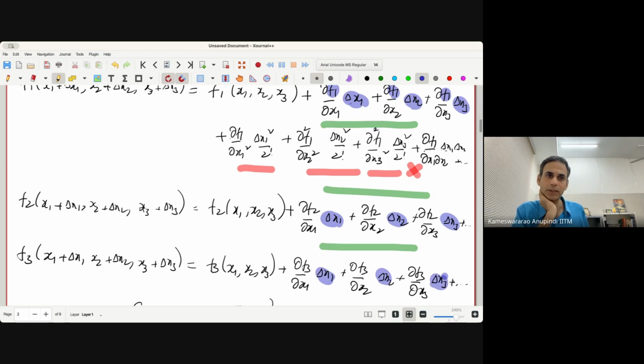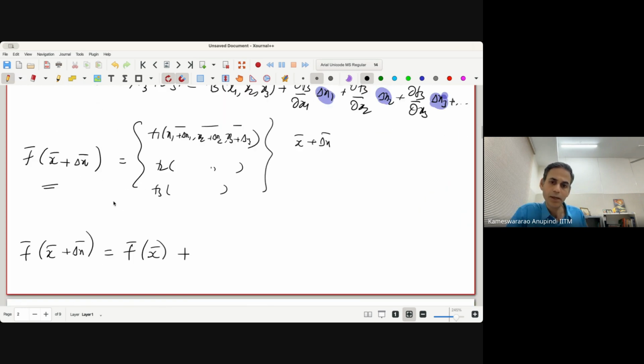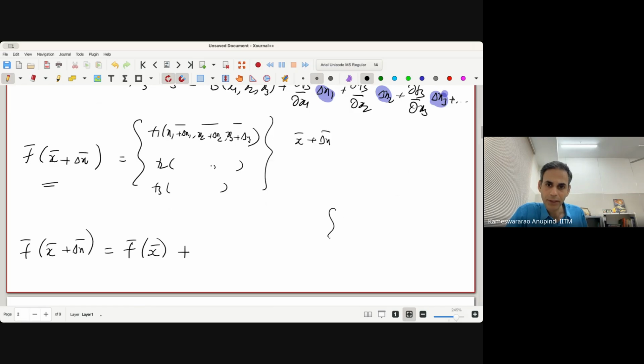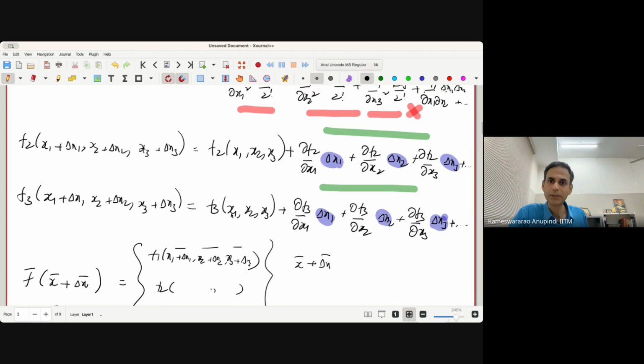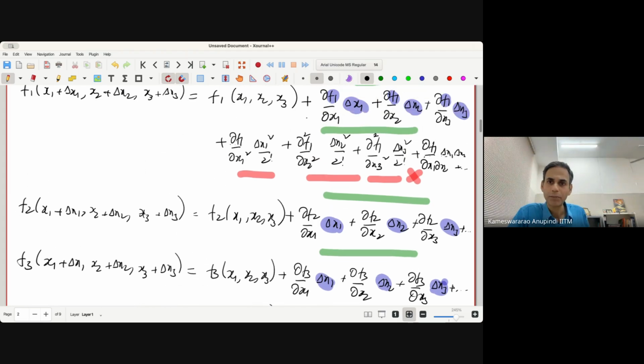So I'm going to write this as a column vector: delta x1, delta x2, delta x3. And then what would be the matrix here? Because delta x1 is multiplying, the first term is partial f1 by partial x1, next is partial f1 by partial x2, next is partial f1 by partial x3. That means for the first row, f1 remains the same, and the denominator changes from x1, x2, x3.